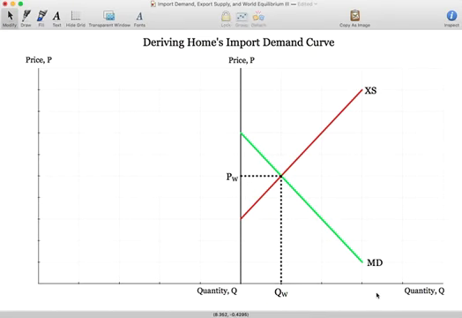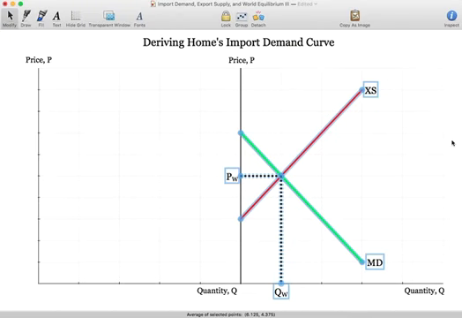So that is how the world equilibrium is determined. It's where the export supply curve for a commodity intersects the import demand curve. That gives us the price in the world and the quantity in the world also. So make sure you're comfortable with that. I know there were several layers. I thought it would be convenient to do all of these together.